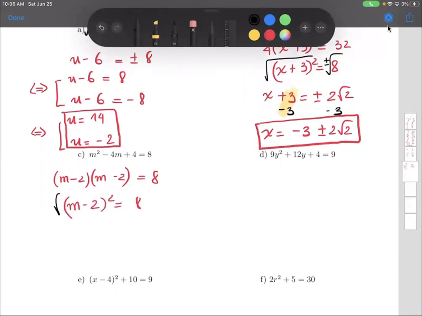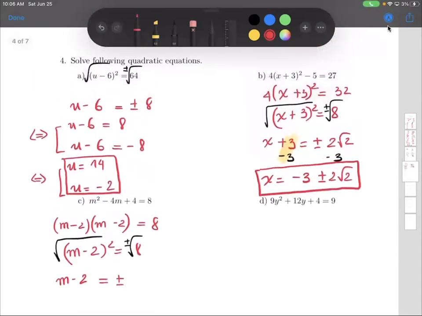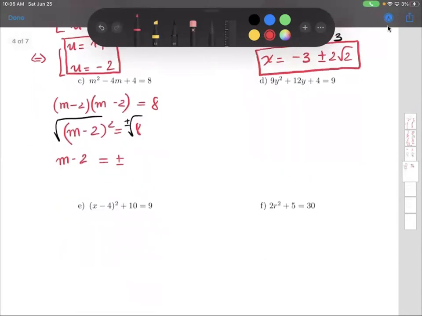Now we take the square root. Don't forget plus and minus. On the left hand side, just m minus 2. On the right hand side, we did that before on problem B. The square root of 8 is 2 root 2. Add 2 to both sides. So m equals 2 plus or minus 2 root 2.